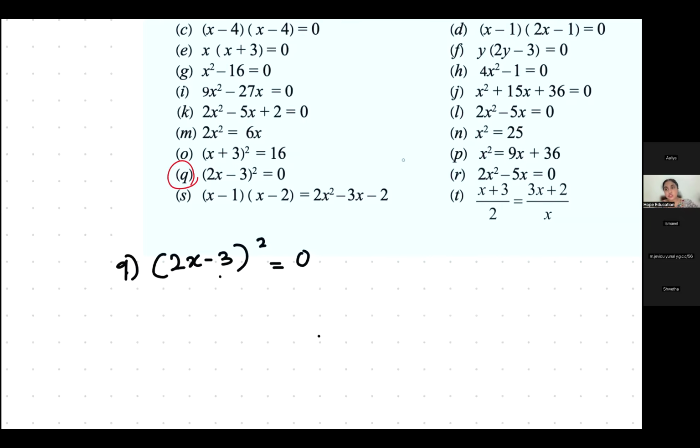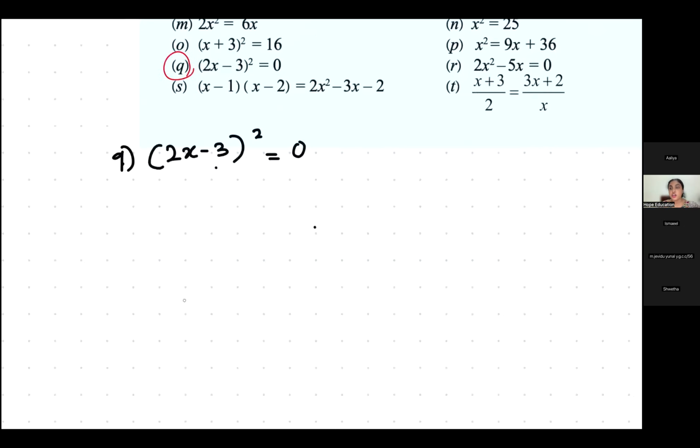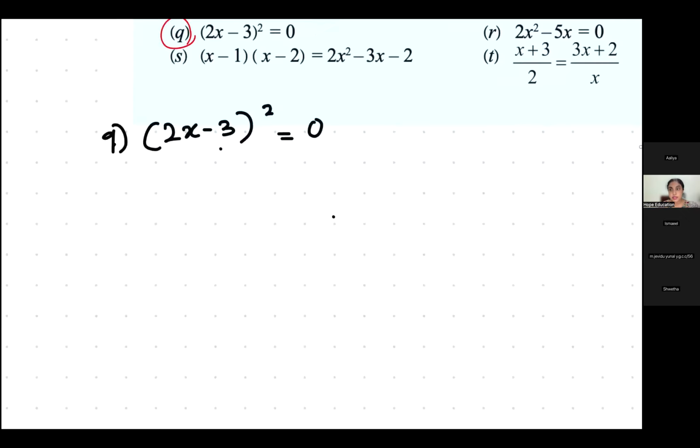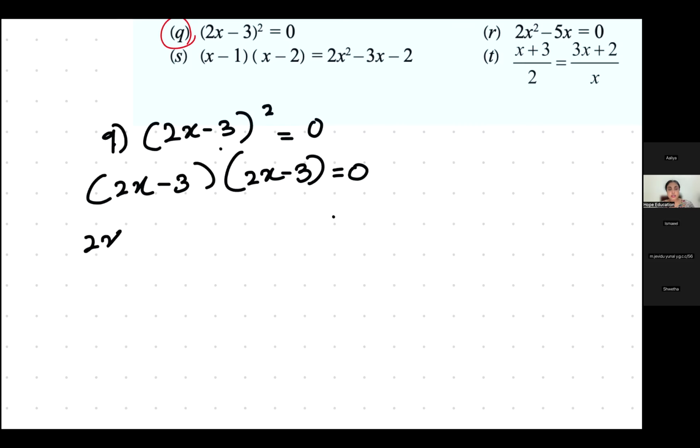So there are two methods to do this, right? 2x minus 3 squared is equal to 0, right? So that means 2x minus 3 times 2x minus 3 equals 0. When these two get multiplied, it's 0, which means one of these is 0. So 2x minus 3 is 0 or 2x minus 3 is 0.